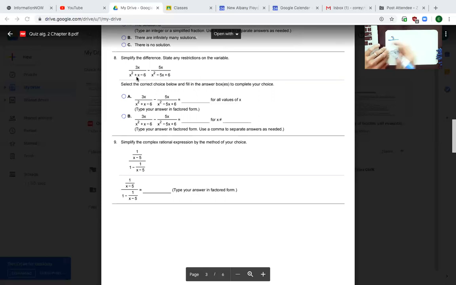That's going to be +3 and -2. So over x plus 3 is x minus 2. And that's 3x minus 5x over, and that factors out to x minus 3 and x minus 2.